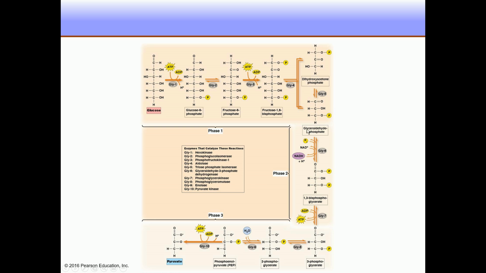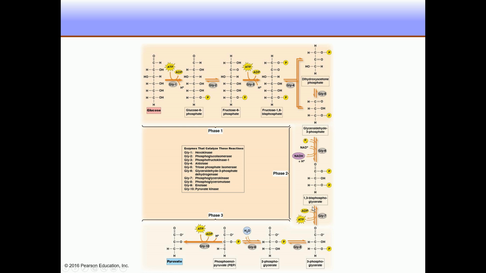So it means that at this point there are two molecules of glyceraldehyde 3-phosphate. In this slide, everything is shown with one molecule of glyceraldehyde phosphate, so whatever is seen beyond this point has to be multiplied by 2.